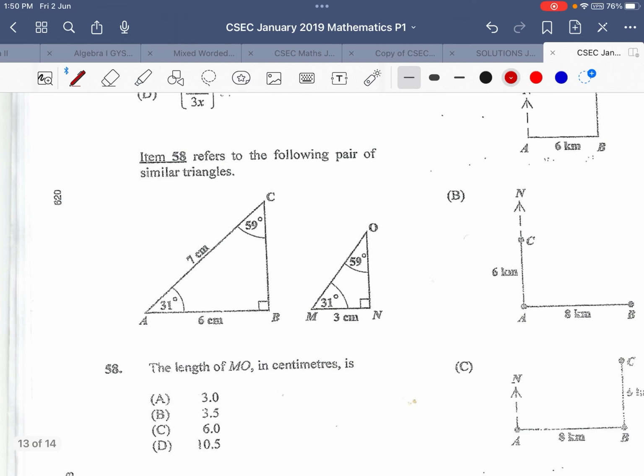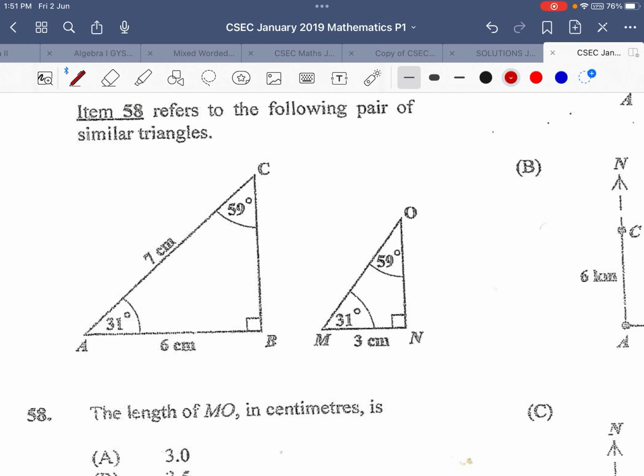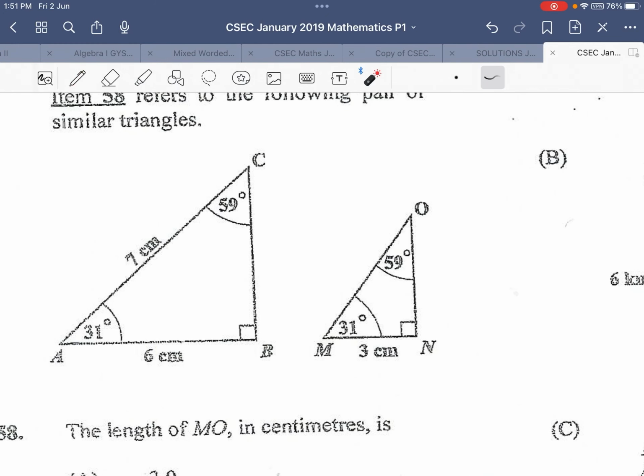Item 58 refers to the following pair of similar triangles, and they ask for the length of MO in centimeters. So with similar triangles, the ratio of the sides should be the same. So 6 over 3 should be 7 over MO.